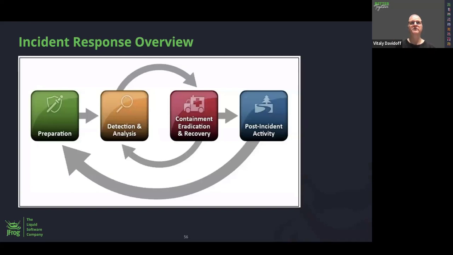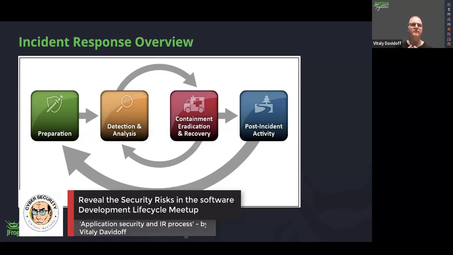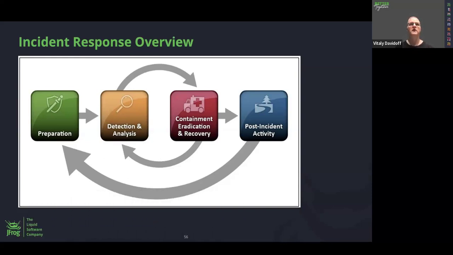Based on the NIST specification, we have four main stages, or phases, in incident response. So we have the preparation, and that's very important. It's where we're actually creating the plan. We need to create all the documentation of the procedures. We need to define who will own this incident response process end-to-end.